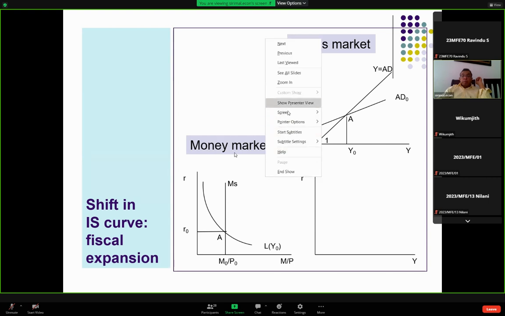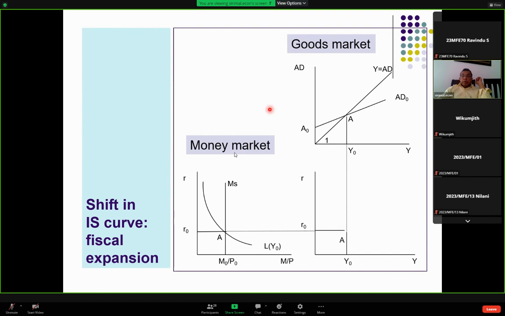So equilibrium point means we can extend the Y0 output level all the way down, and we can extend the interest rate also, so that the combination between output level and interest rate level are given here.